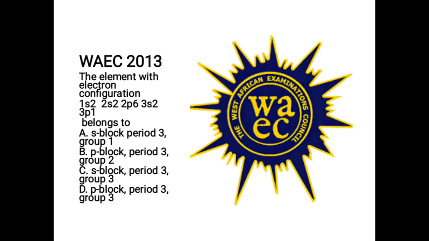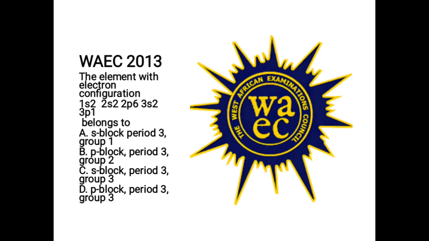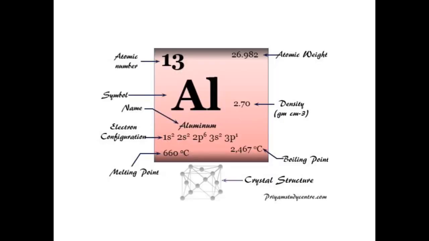That means they are talking about aluminium here. Aluminium is in period 3 like we have mentioned, and in group 3, and because it ends with p, definitely it is a p-block element. So the answer is D.